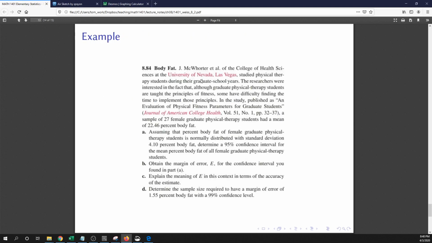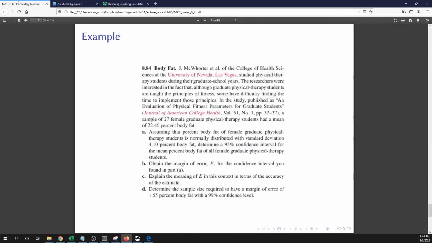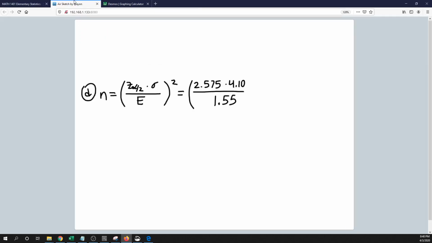Sigma is 4.10. And E, remember, is the margin of error. They want a margin of error of 1.55, so 1.55 goes in there, and then that quantity squared.